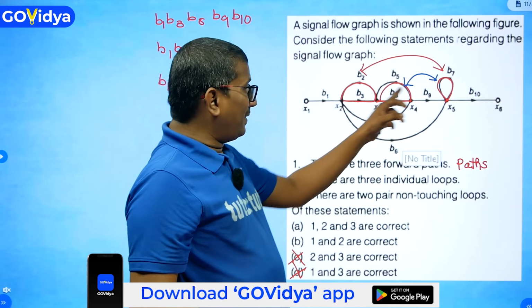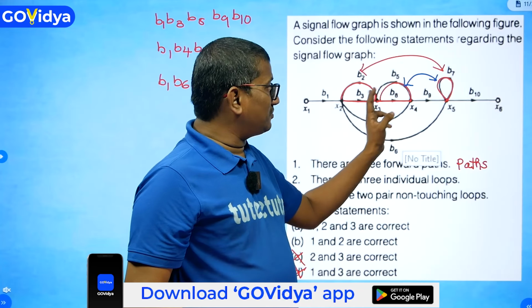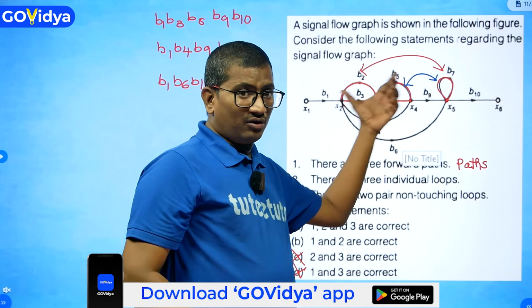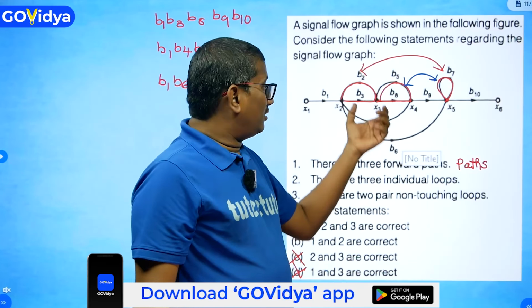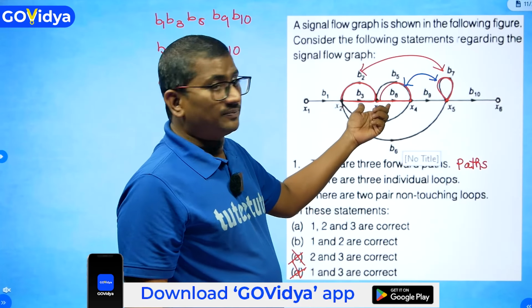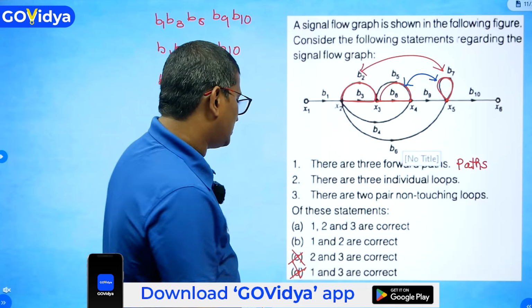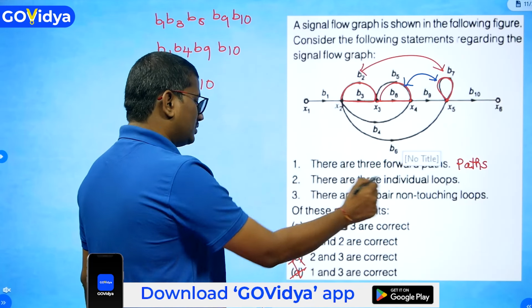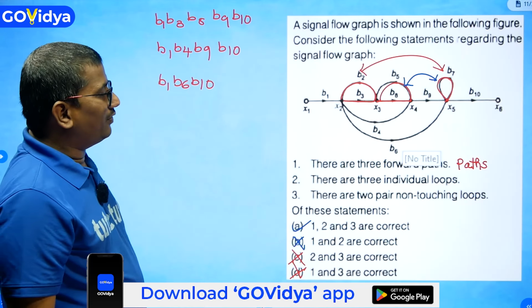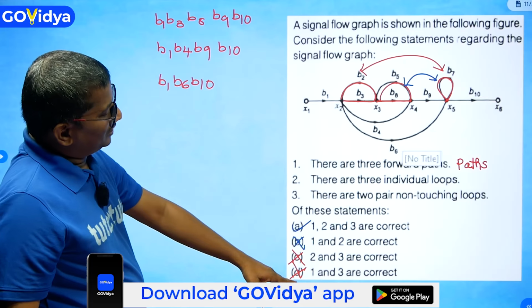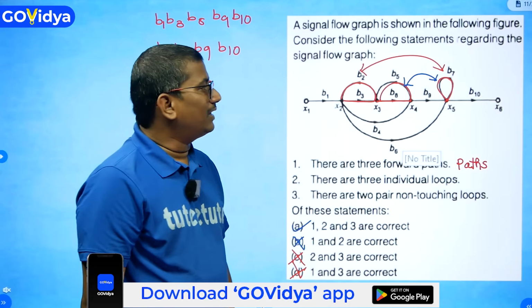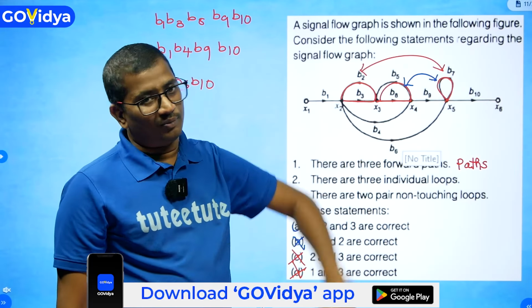Understand? With respect to this loop, both are not touching. With respect to these loops and with respect to this loop, both are not touching. But when we see together, these two loops are touching, right? So therefore, two pairs of non-touching loops also exist. Therefore, this is the correct answer. So out of all the options, this is the correct one. Okay? Care must be taken. Non-touching loops, you have to be careful.